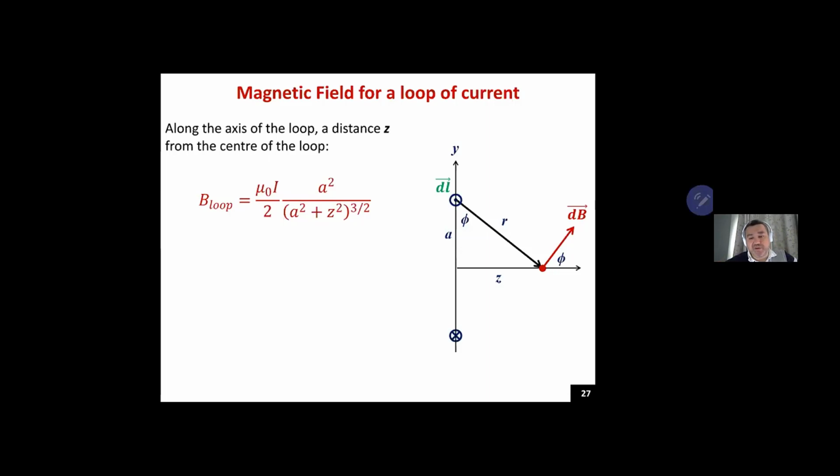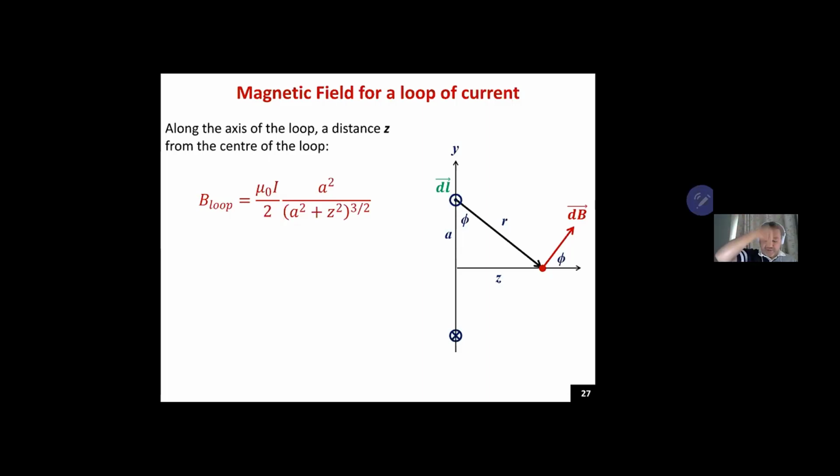I just wanted to explain to you why the magnetic field for a loop, at any point on the axis that goes through the center of the loop, is always perpendicular to that loop, due to how we explain the magnetic field, taking mirrored pairs with two differential elements that are in the opposite directions.